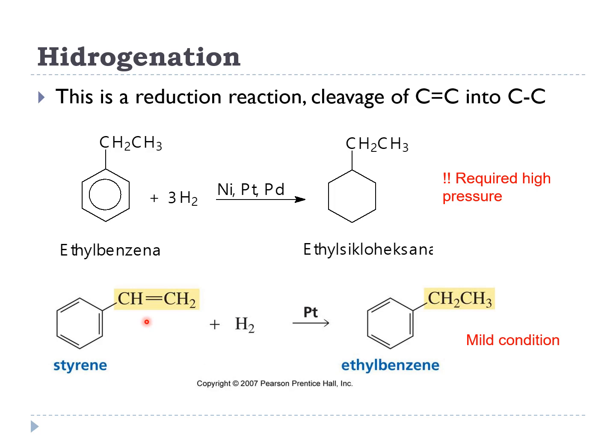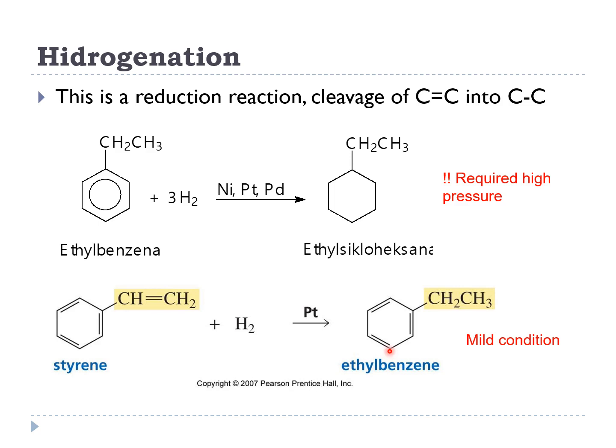The double bond in the alkene will be converted into a single bond. This happens in mild condition. In mild condition, it is not possible to cleave or reduce the double bond carbons in the benzene ring into cyclohexane.